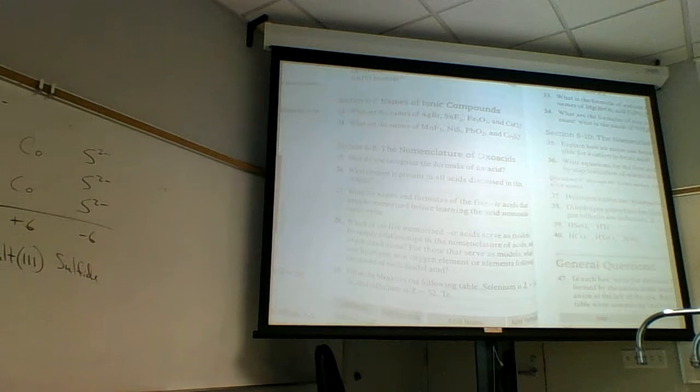We only have 3 distinct endings for anion names. What are the 3 endings for anions? We have -ide, we have -ate, and we have -ite.